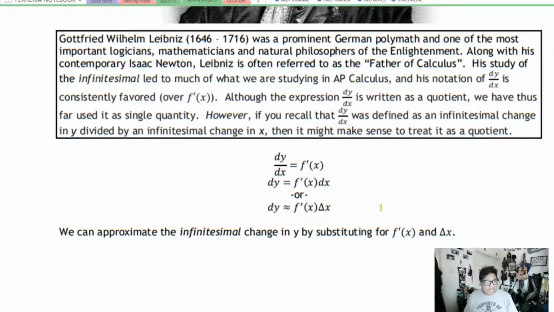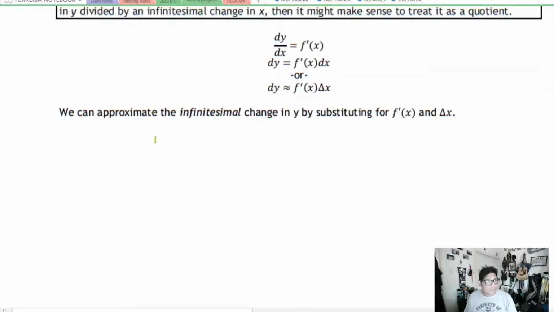So that's what we're saying here. We can approximate the infinitesimal change in y by substituting f prime and delta x, where delta x is not an infinitesimal change in x.